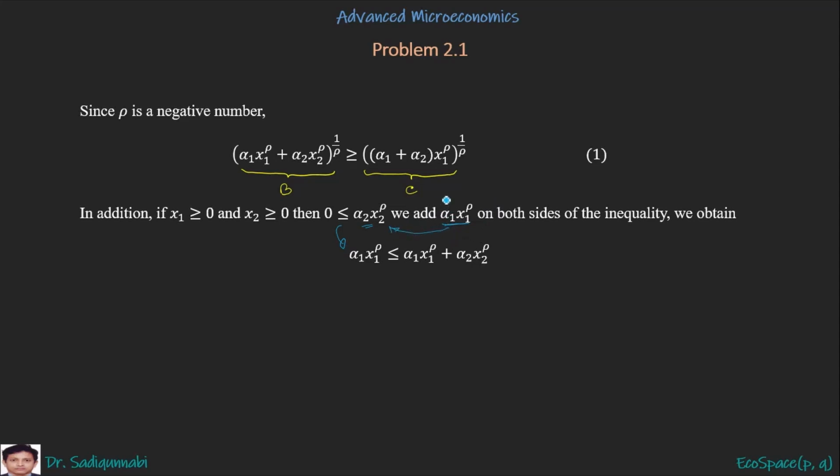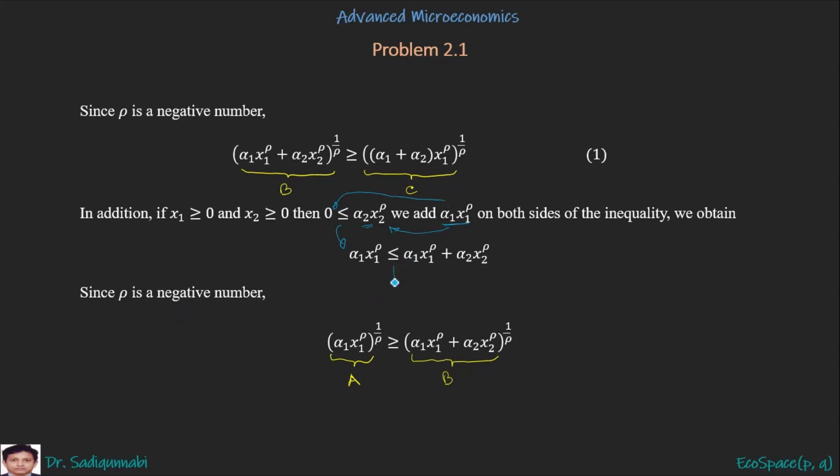And again, when rho is a negative number, we can reverse the sign and then get, and look, this is actually the left hand side of equation number 1b.